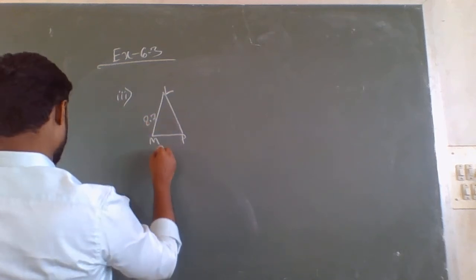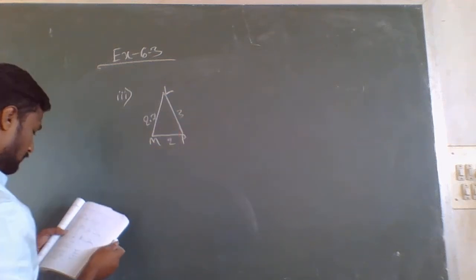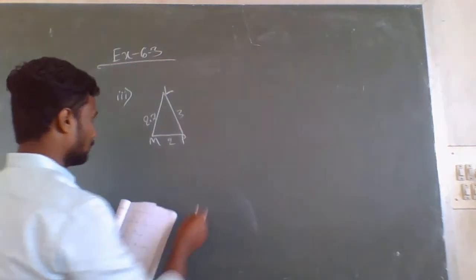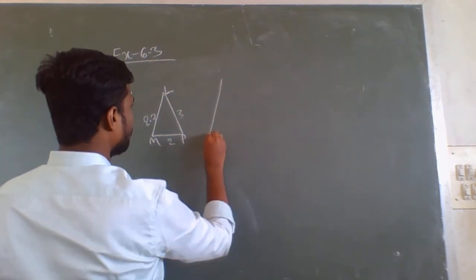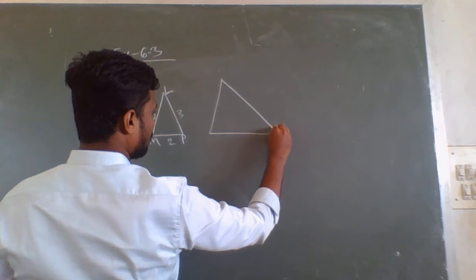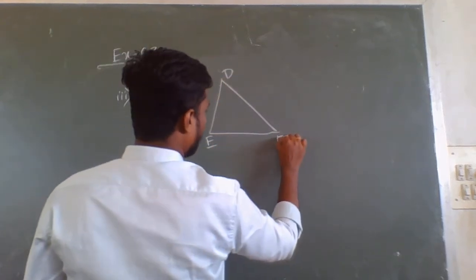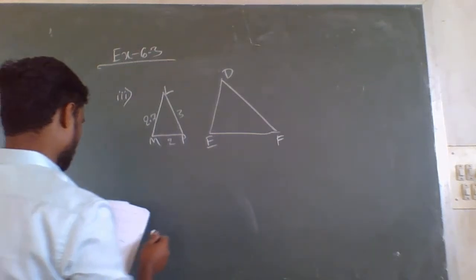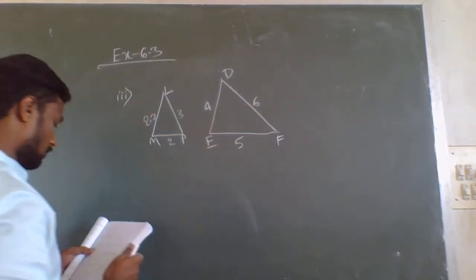Here 2.7, here it is 2 centimeter, it is 3 centimeter. Another triangle DEF, triangle DEF: 4 centimeter, 5 centimeter, 6 centimeter.